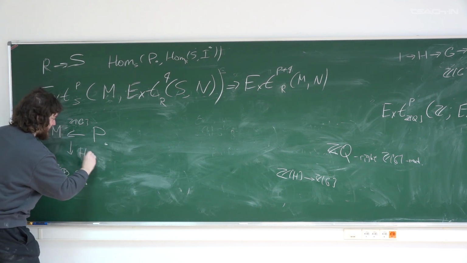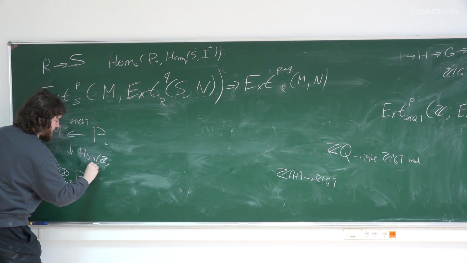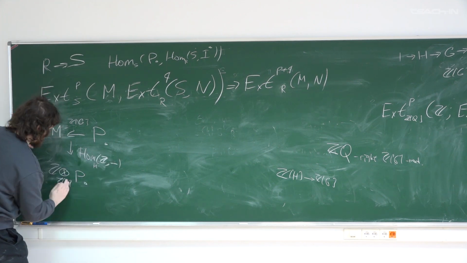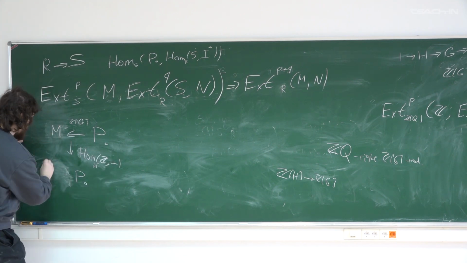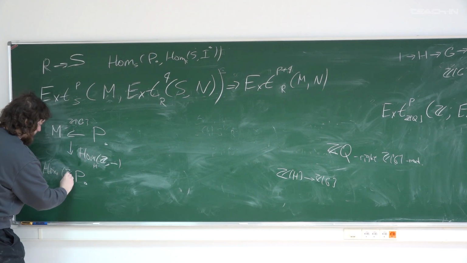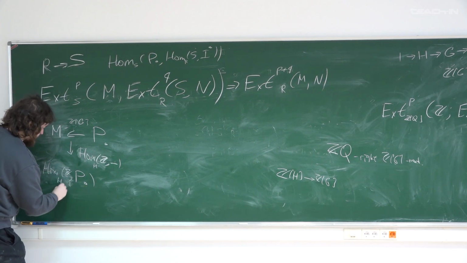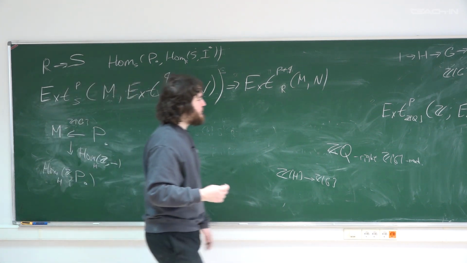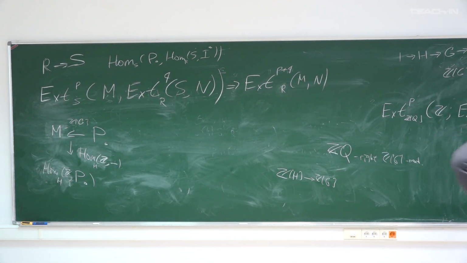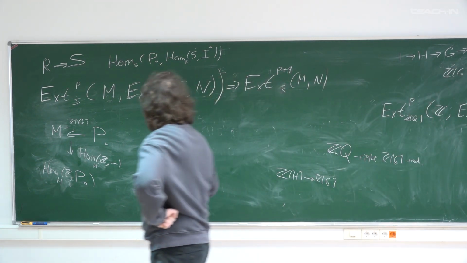Hom from Z over H, Hom from Z to P dot over H. This chain complex computes what it computes: Ext from Z to M over H. So it computes cohomology of H in coefficients in M.